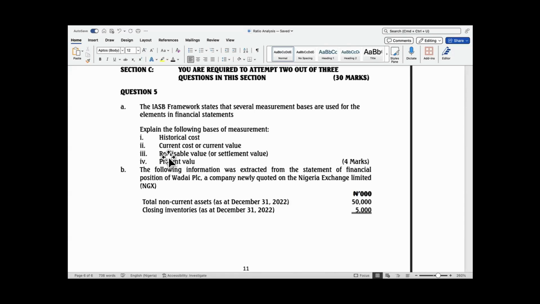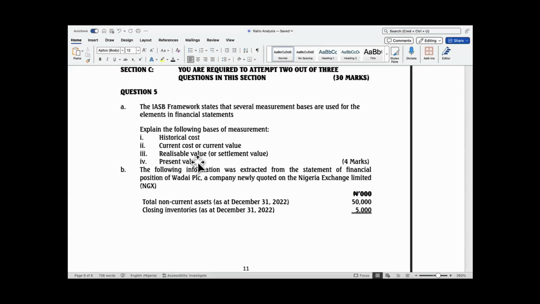Realizable value or settlement value is the amount at which an asset can be sold, or the amount that will be received when an asset is sold, or the amount at which a liability is repaid or settled.